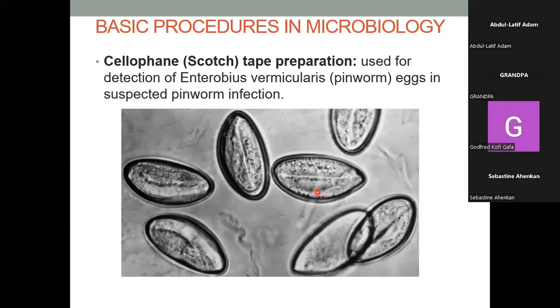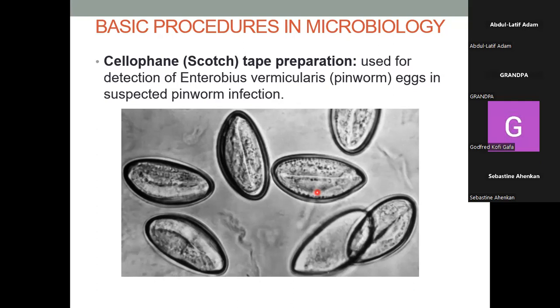You should know that these eggs are typical of Enterobius, because like I've said, Enterobius eggs are asymmetrical. One side is flattened, one side is rounded. So you should get this picture in mind, that this is typical of Enterobius vermicularius eggs. And the only way you can get Enterobius vermicularius eggs plentiful like this is through the cellophane test.